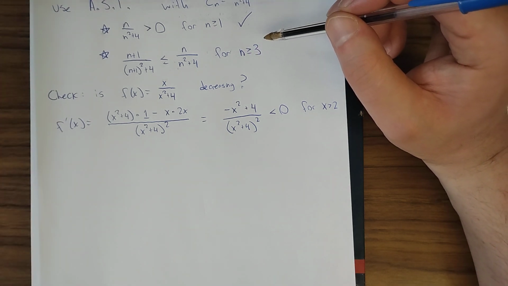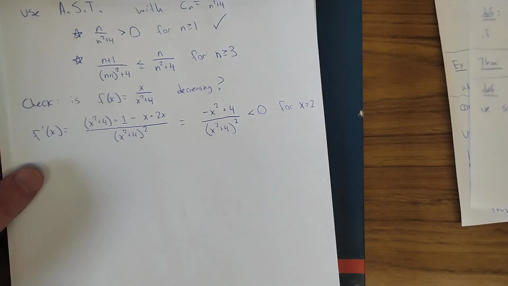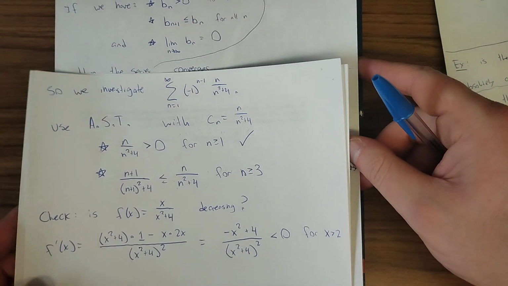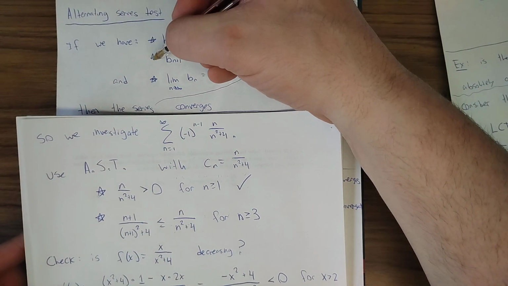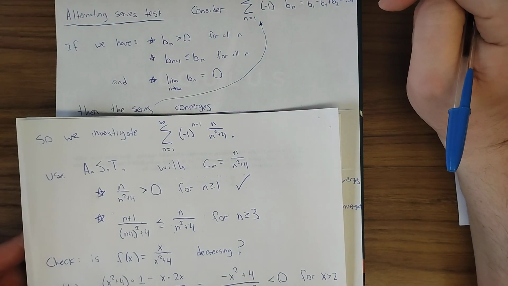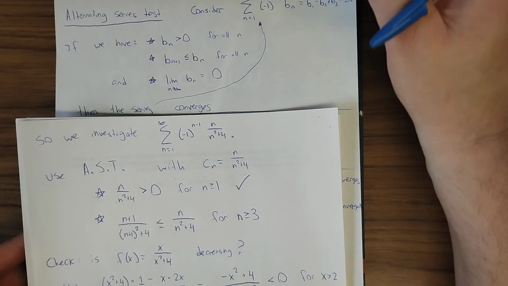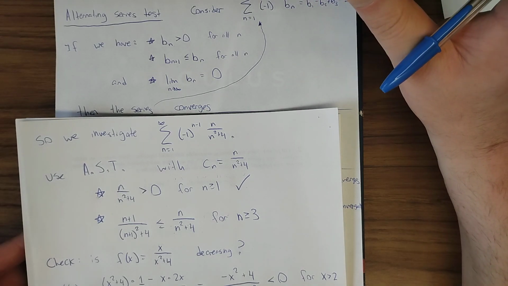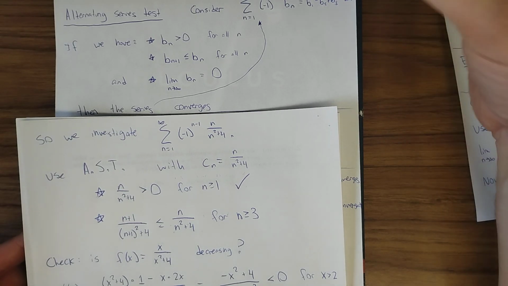So a quick remark: we are using the alternating series test, and these 3 stars, these things that we check, technically it says for all n. But remember, the first few terms of a series have no effect on whether the series converges or diverges.